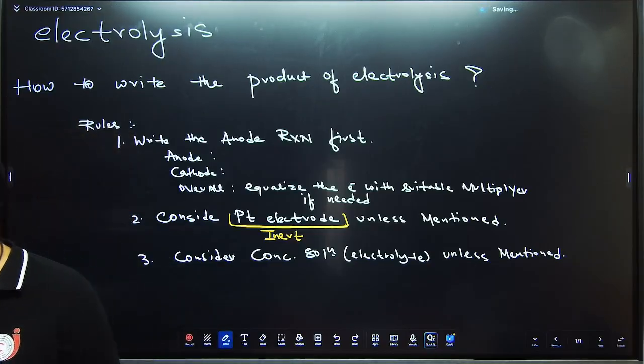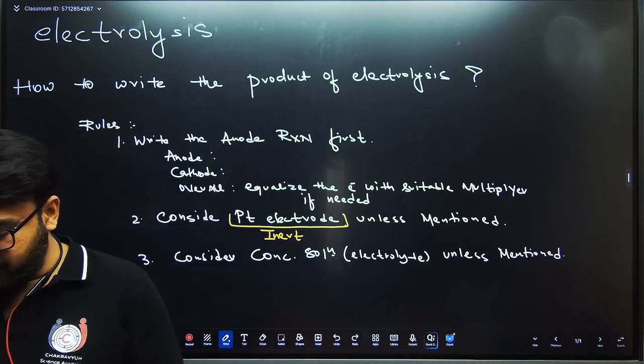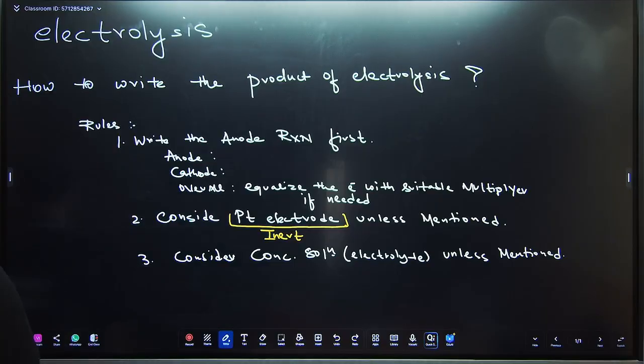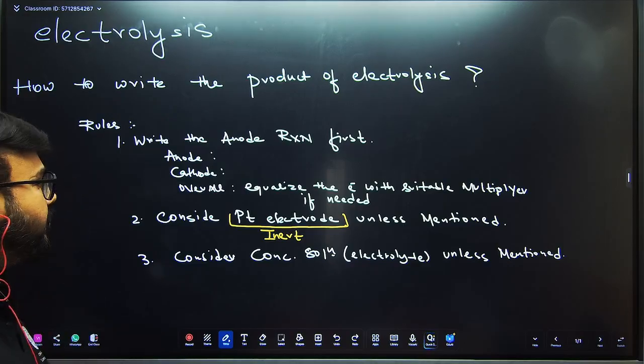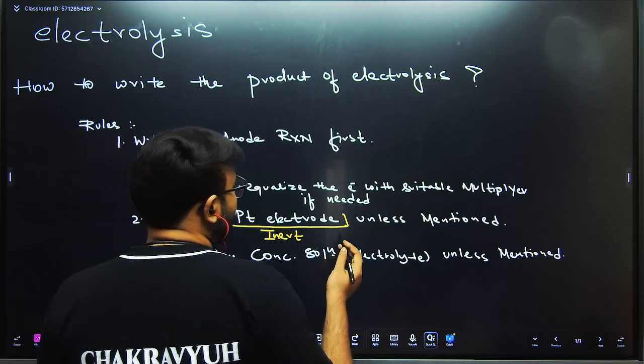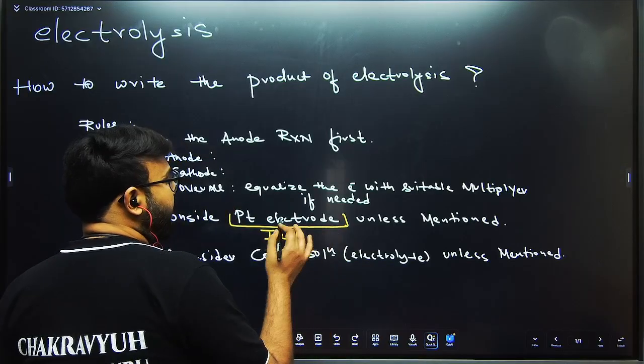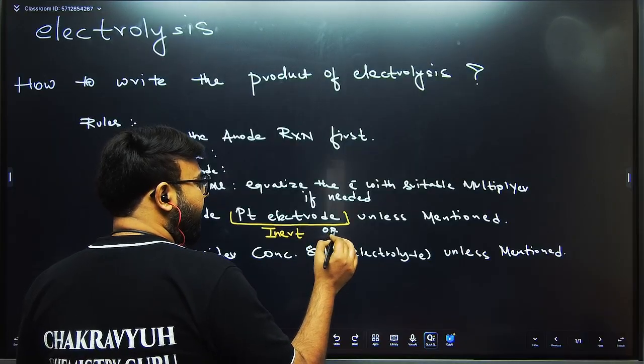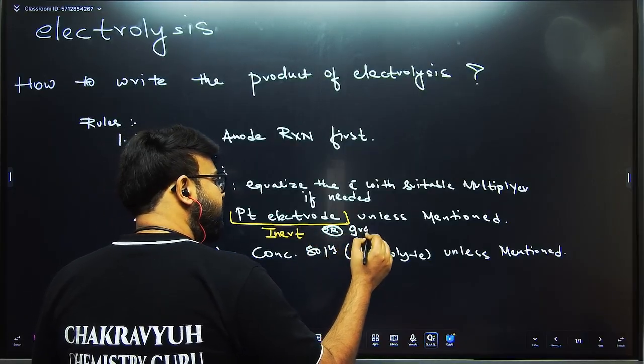So impurity is a problem. And if you have to take something else, we prefer graphite. In place of platinum, you can also assume graphite. Platinum is very common, but otherwise, you can also assume graphite.